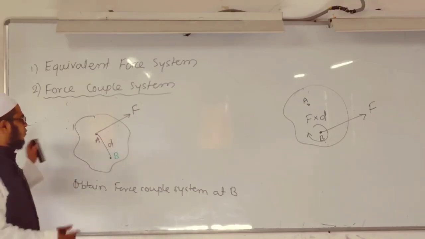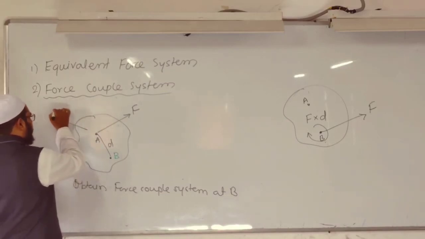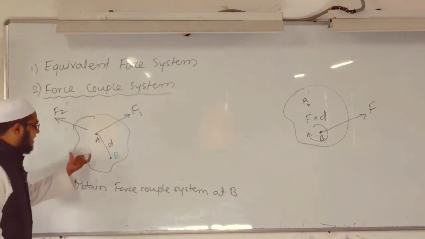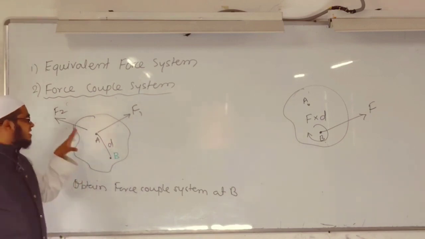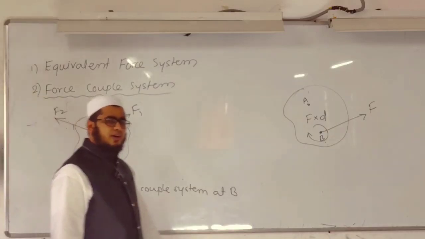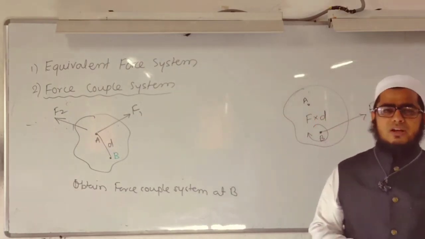Whenever in the given force system there is more than one force, F1, F2, then how do we transfer? In that case we will first find the resultant of the given force system. How to find the resultant? I will resolve all the inclined forces into horizontal and vertical components.